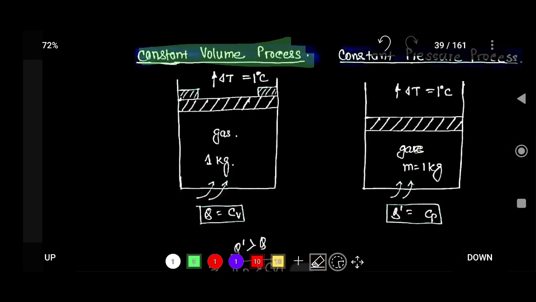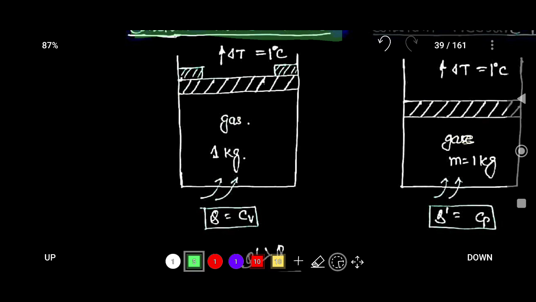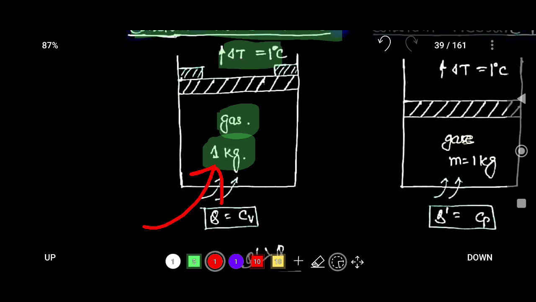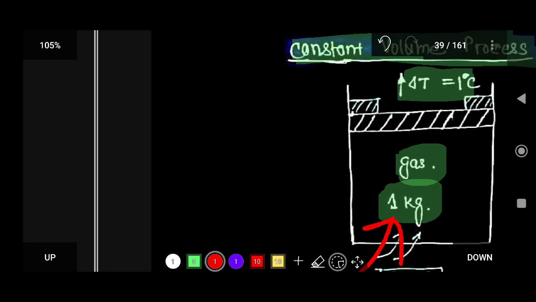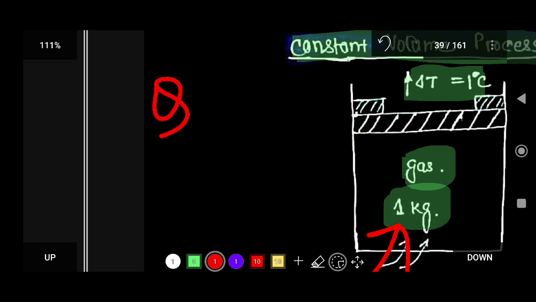Now suppose there is gas inside this system, and the mass of the gas is 1 kg. If you try to increase the temperature by 1 degree Celsius, then you must supply heat from this side. You know the formula: Q is equal to m c delta T. If it is a constant volume process, then c will be Cv, specific heat at constant volume.